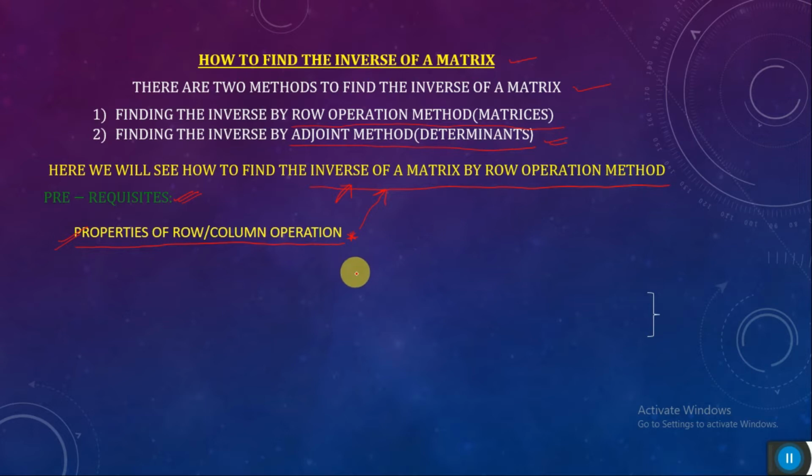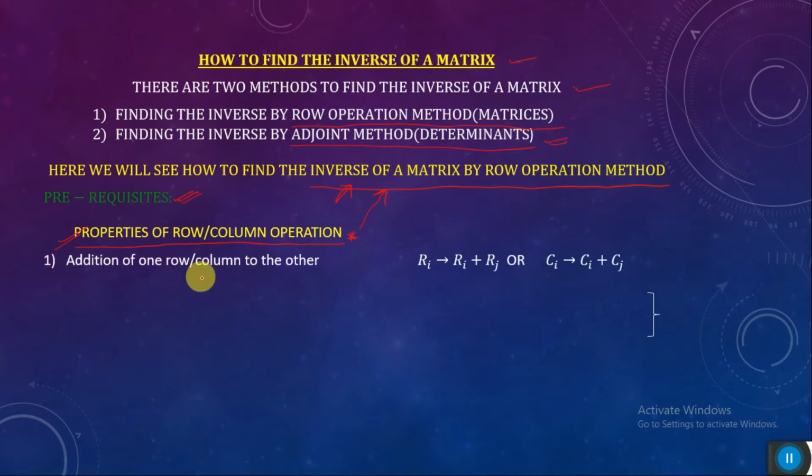The properties you better write down, and I will explain each property by using an example. So first is addition of one row or column to the other. If you are doing column operation, you will use operations where columns are involved, and if you are using row operation, then you will use operations where rows are involved.